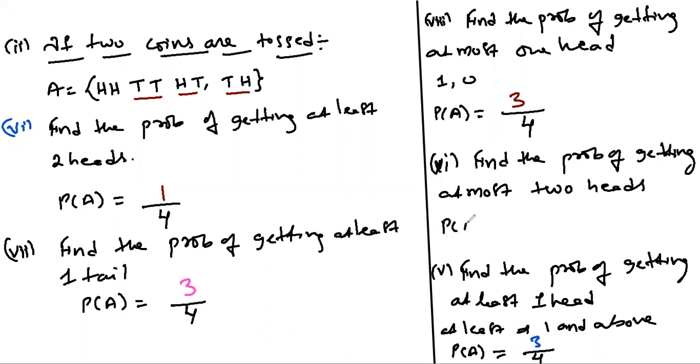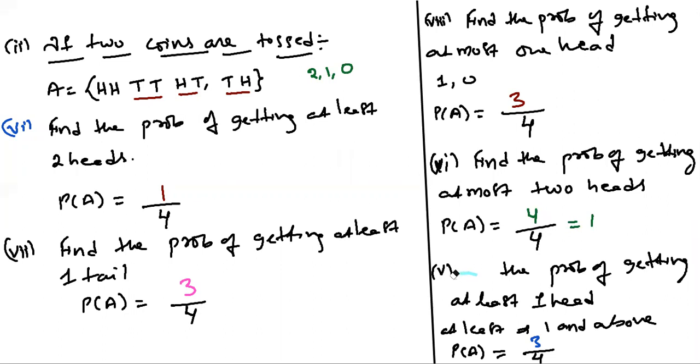P of A is equal to total is 4. Now the condition is at most 2 heads. That means 2 should be the highest. So you should go with 2, 1 and 0. So everything will get, 4 out of 4 is equal to 1.